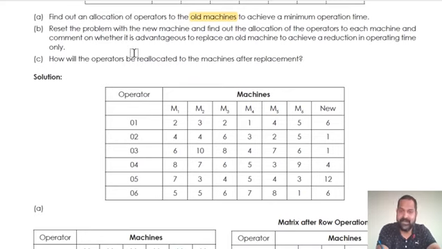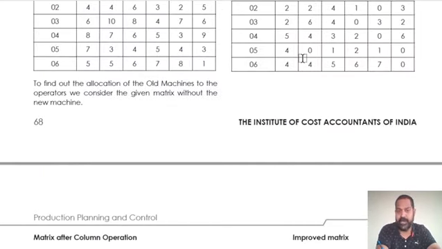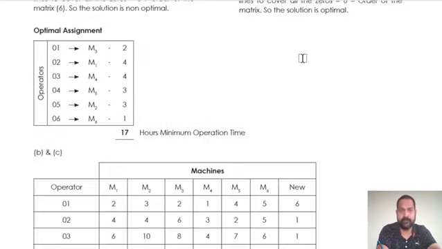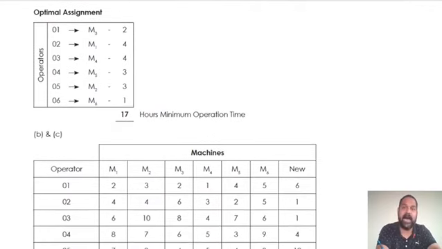What does the second part say? Well, it says reset the problem with the new machine and find out the allocation of operators to each machine, and comment on whether it is advantageous to replace an old machine to achieve a reduction in the operation time only. This is my current optimal solution with the 6 old machines.